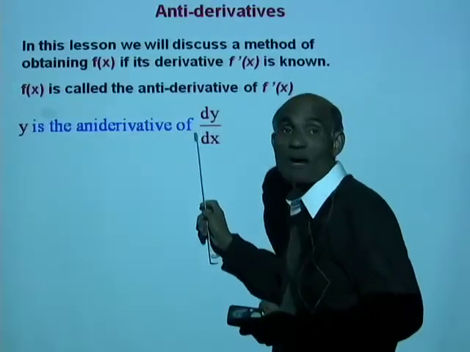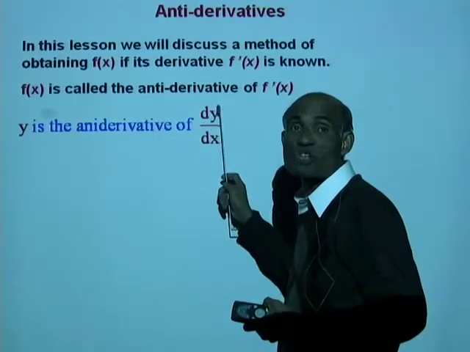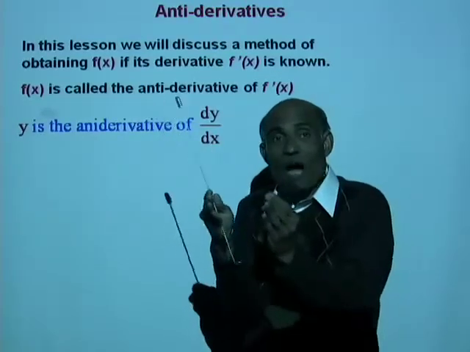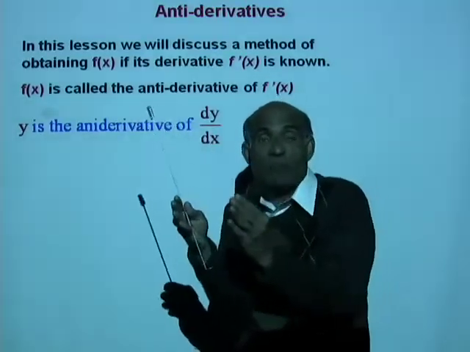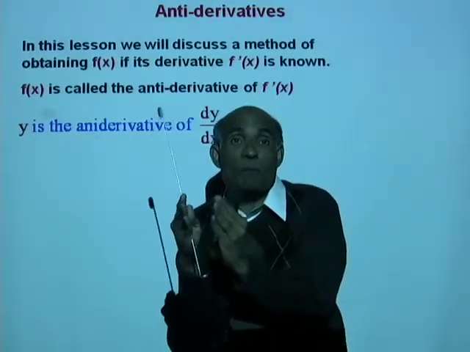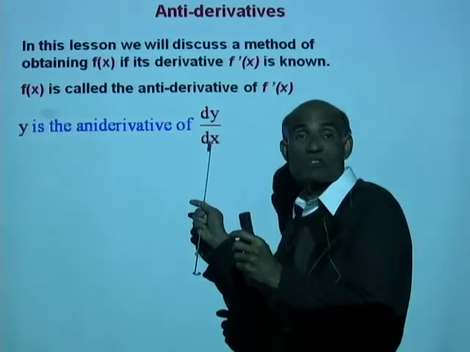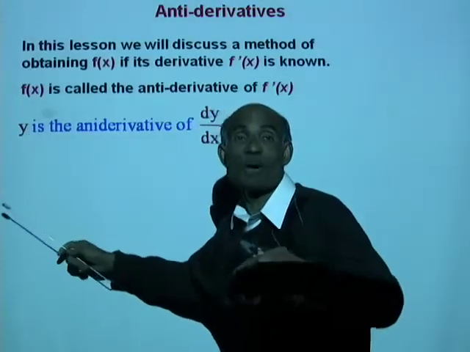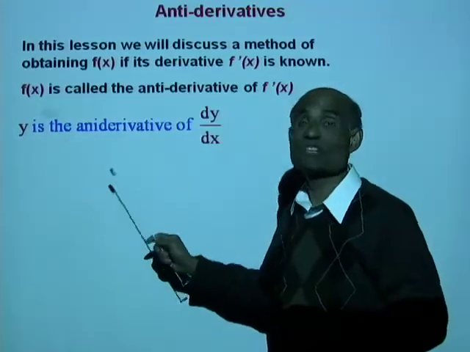So, dy by dx is the rate of change of y with respect to x. The antiderivative is a process of summing all these changes to get your function back. And that is the process of taking the antiderivative.